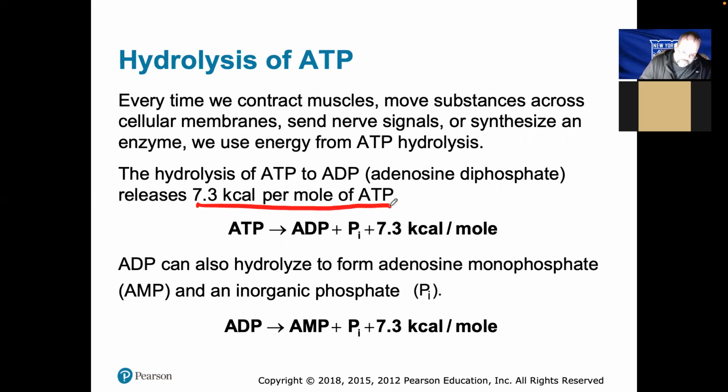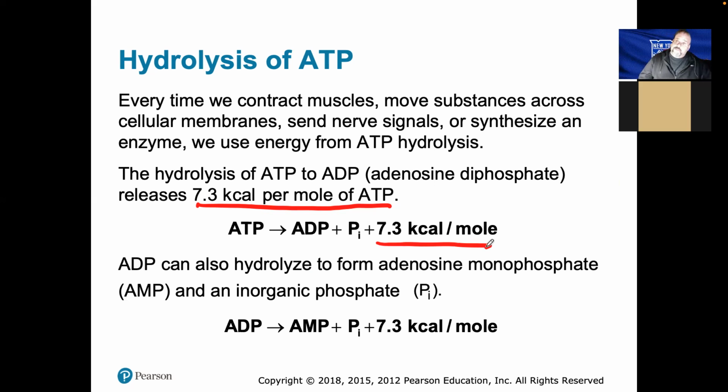In other words, for every 1 mole of ATP, the energy released when it hydrolyzes into ADP and phosphate is 7.3 kilocalories per mole. If you have 2 moles of ATP, double that number.